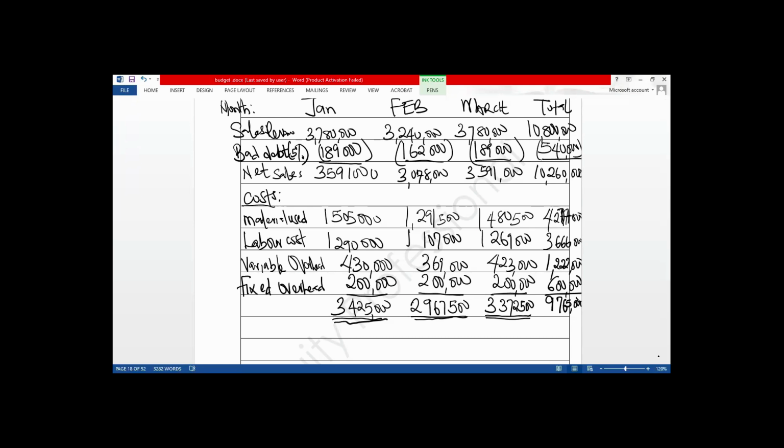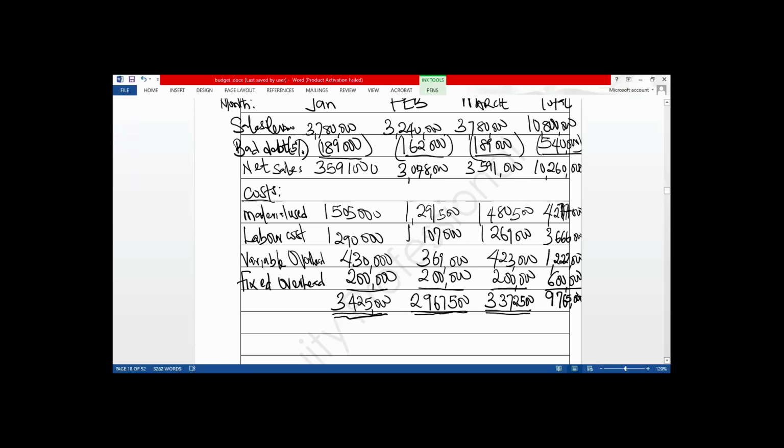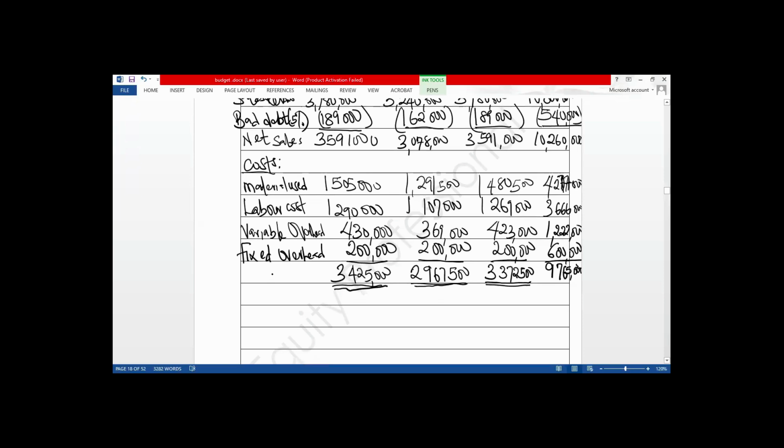When you are done with cost of manufacture, we now need to compute cost of goods sold. To do that, let's decrease in stock. This is production cost.